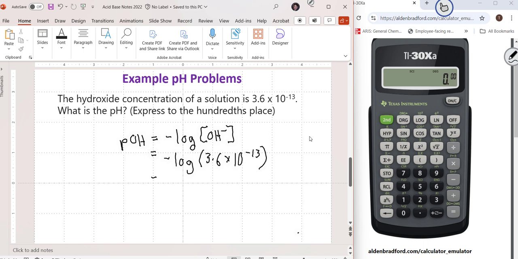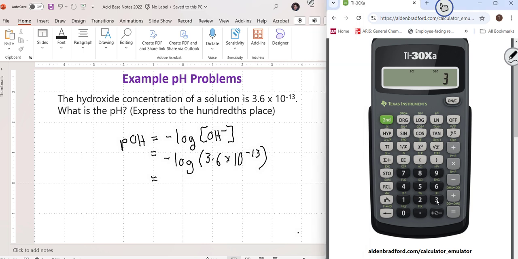And we're going to punch this in our calculator. So I'm going to enter in here 3.6, this EE button, and then I'm going to write negative 13, and then I'm going to take the log.